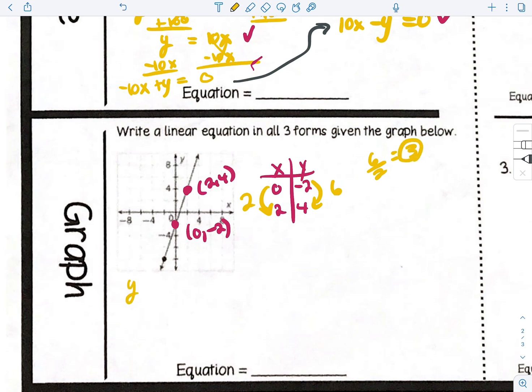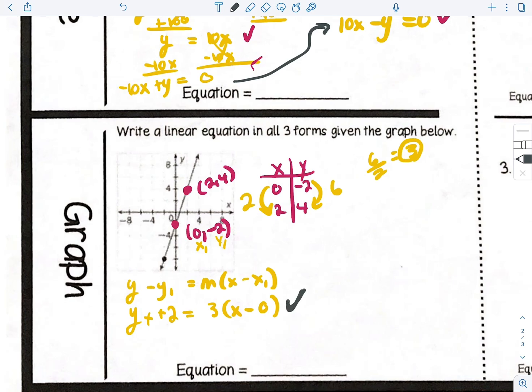So now we just plug in our point and our slope into the point slope form. So this is y minus -2 equals 3 times x minus 0. Then this is point slope form.